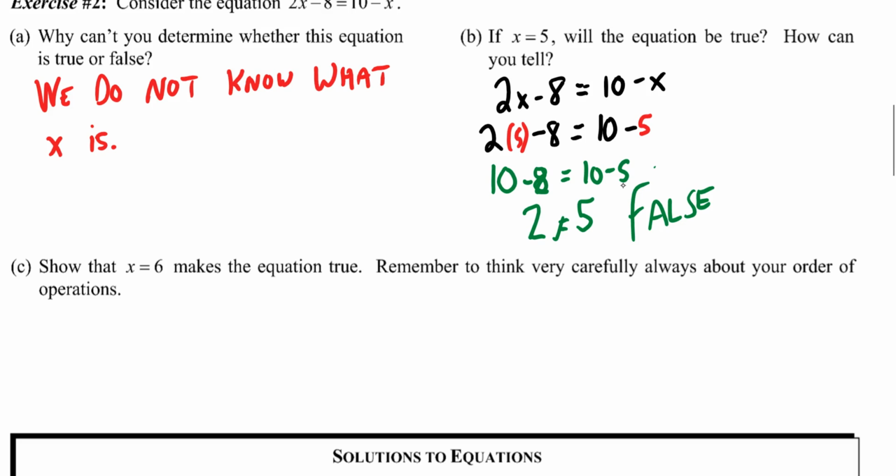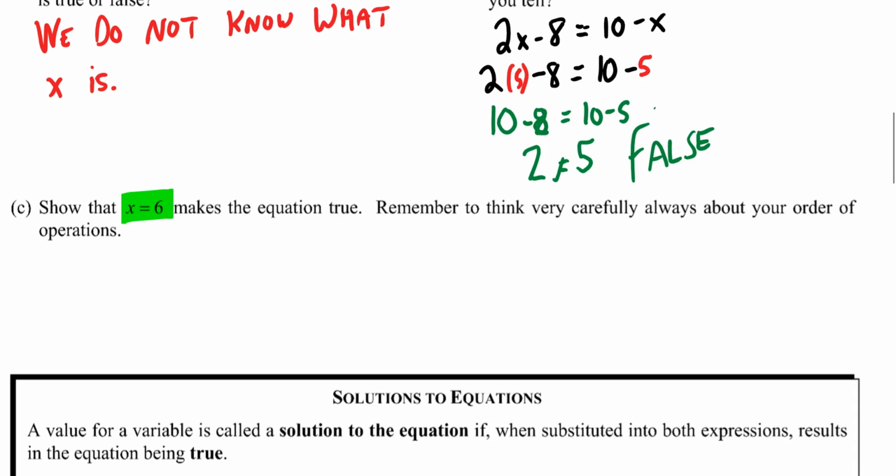So a wise man said, what if it's 6? You're just super smart. There we go. So super smart Salim said, let's try 6. He might have had some help, but I don't know.